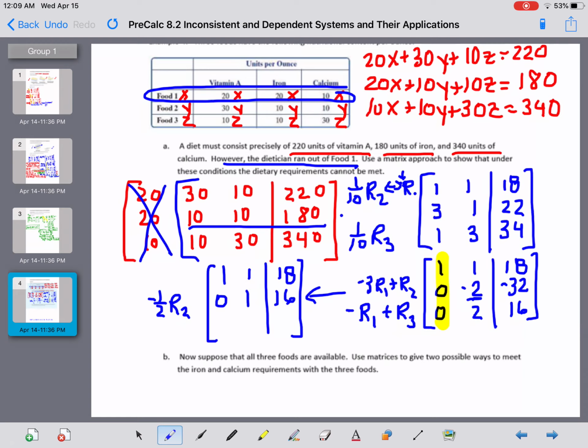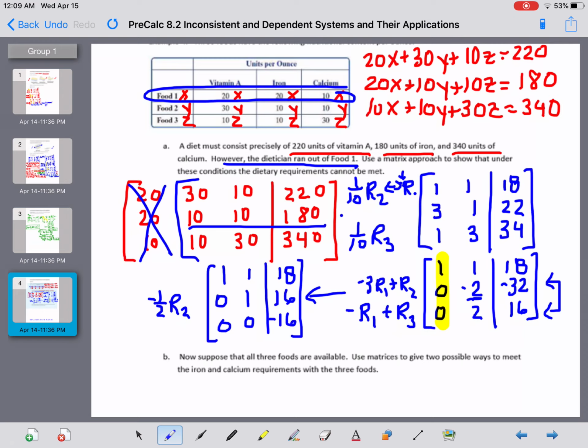And I know this seems a little unconventional, but if you look at these two rows right here, let's just go ahead and add them together right now, and I can get my 0. So 0 plus 0 is 0. Negative 2 plus 2 is 0. Negative 32 plus 16 is negative 16.